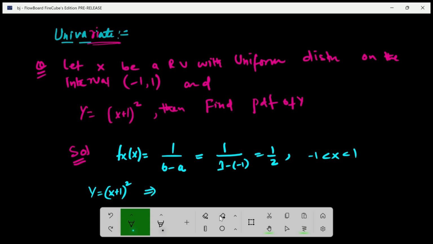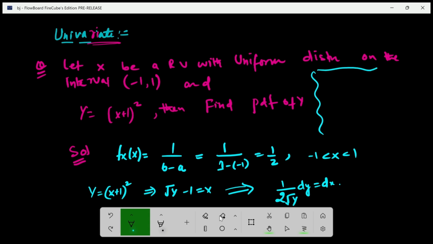So from here, square root of y minus 1 is equal to x. Now differentiate this function, so this will be 1/(2 square root of y) dy is equal to dx.